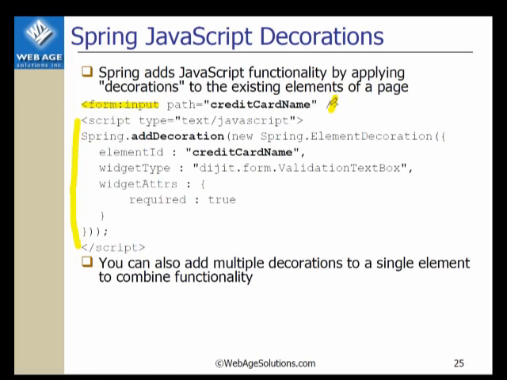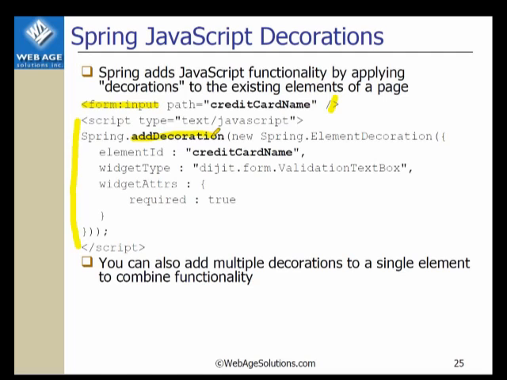What this is going to do is add a JavaScript validation feature to this input field. Of course, if we're talking about validation, we need to make sure that it's got, like, 16 digits or something, and make sure they're all numbers, that they aren't strings or something like that. So here, notice the big thing: Spring.addDecoration.